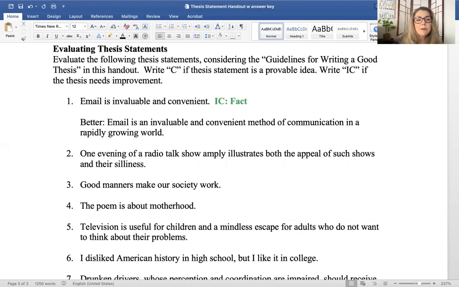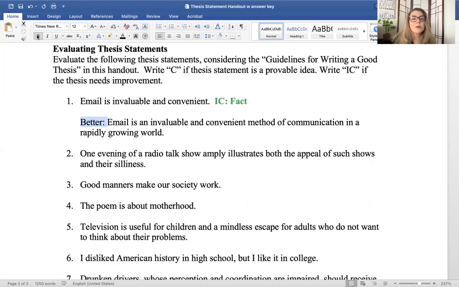Okay, so now we have a more interesting idea. Yes, email is invaluable and convenient, but how does that go with a rapidly growing world? So this is an interesting idea that you could prove with examples and details in the essay, okay?